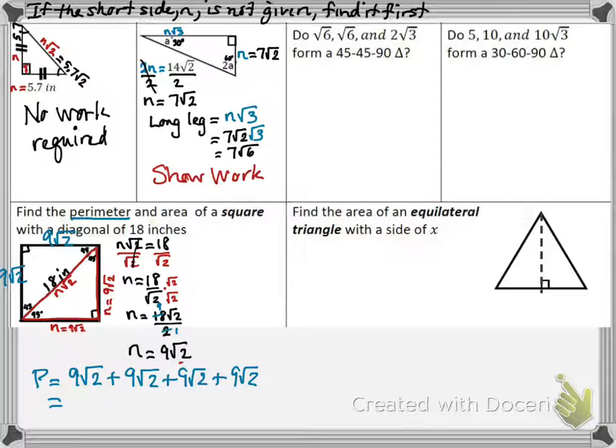But for some of us, an easier way to think about this is 4 times 9 root 2. Then it's easier for us to see 4 times 9, 36 root 2. This was originally measured in inches, so the perimeter is 36 root 2 inches.